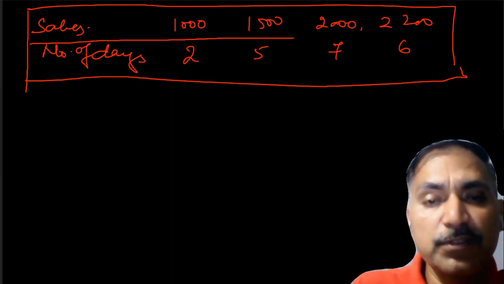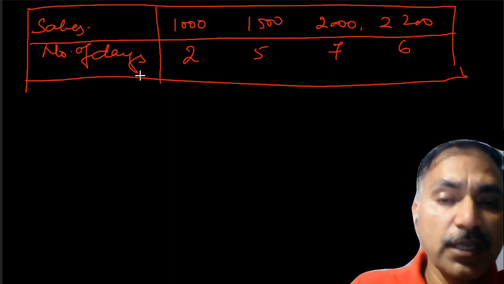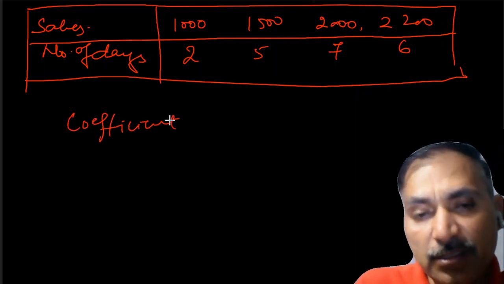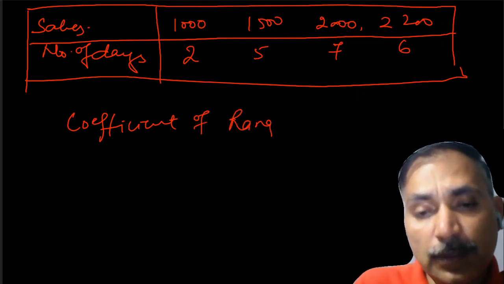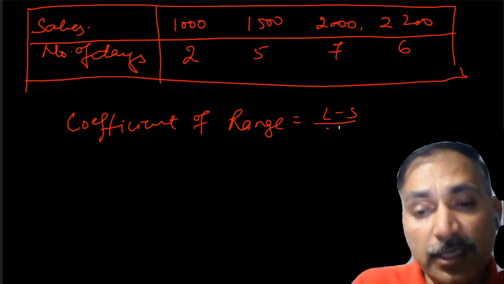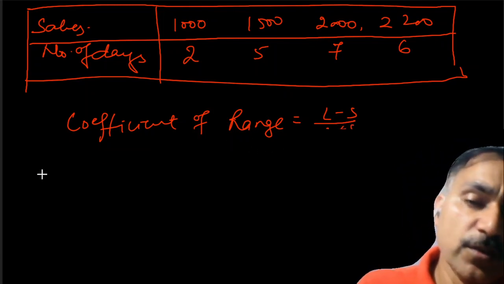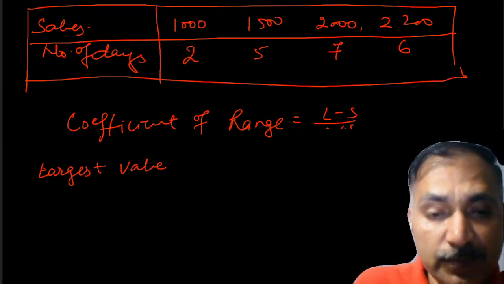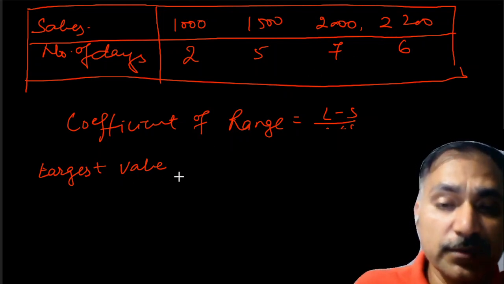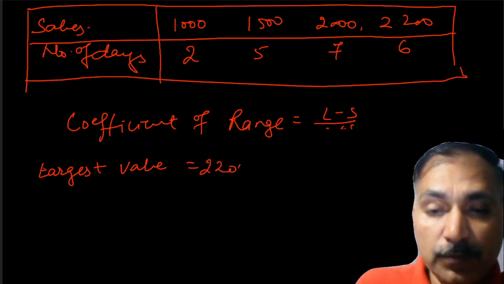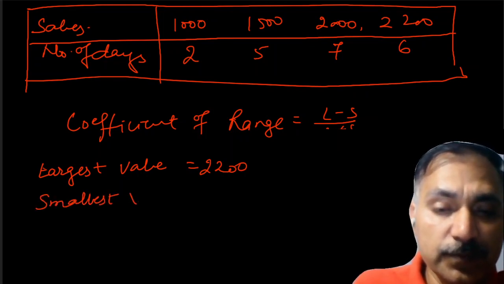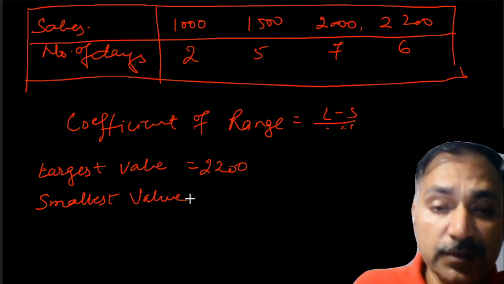When it comes to finding the coefficient of range, we need to have the smallest value and the largest value. The coefficient of range is L minus S upon L plus S. Now, what is the largest value in this observation? The largest value is 2200. Then the smallest value is 1000.